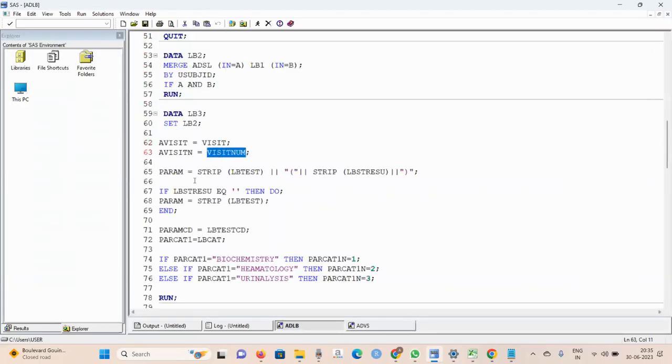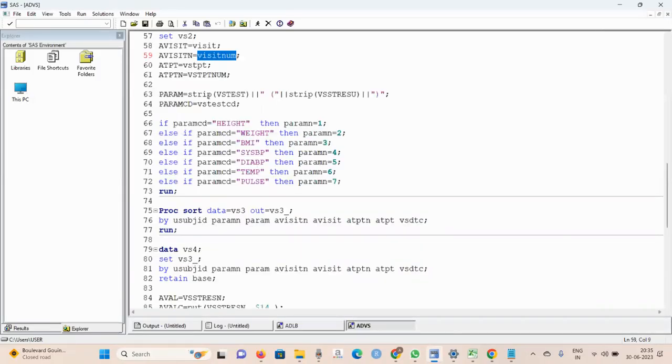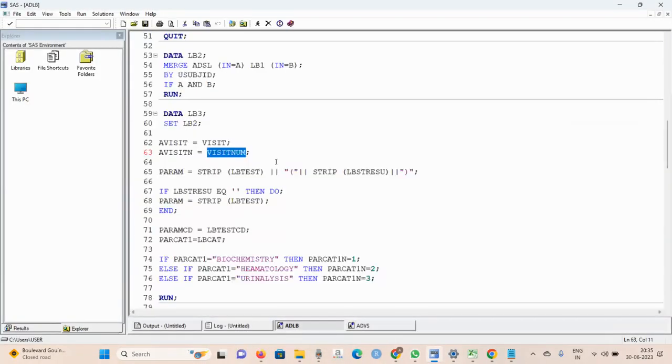Okay. And the PARAM is similar to ADVS, a concatenation of VS test and the VS standard units. Here also it is the same thing, LB test and LB standard units. Then, if you have missing values for the units, you just directly keep the LB test.